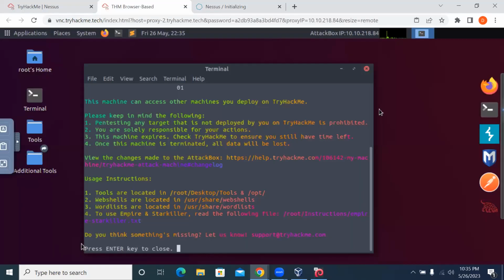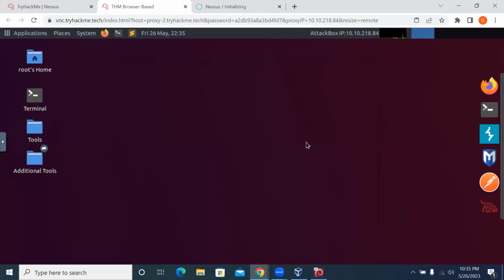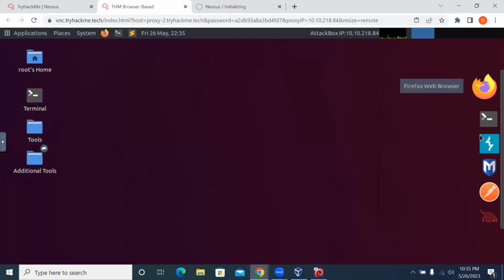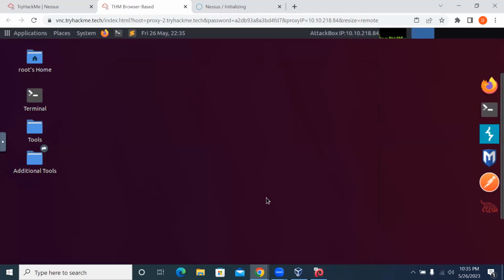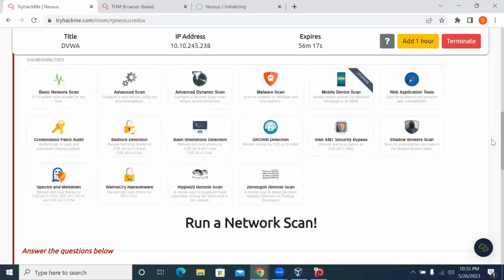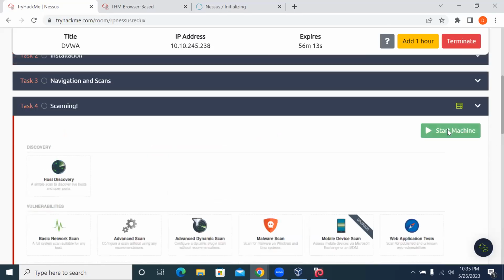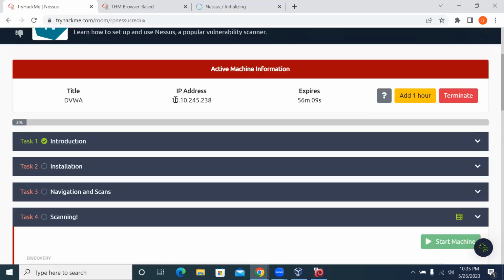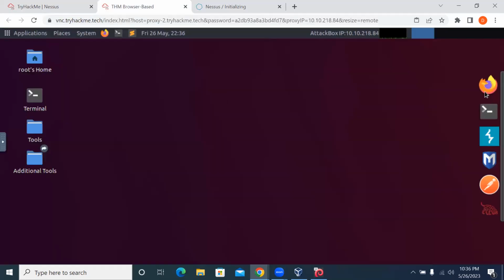Press enter to close. Let's go ahead and see where Nexus is. Let's copy this IP address and then put it here.